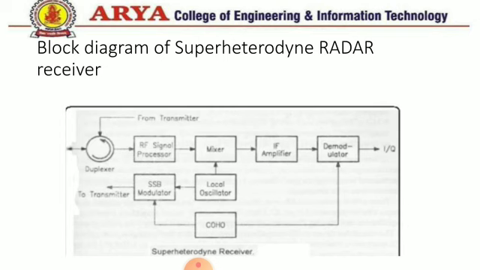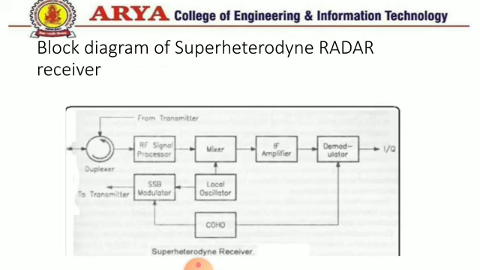In a receiver, the noise is either generated internally or it may enter through the antenna system. As the radar system operates at high frequency, very little noise enters through the antenna terminal.